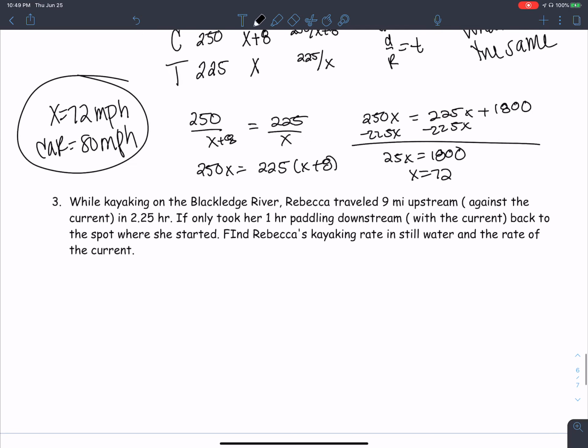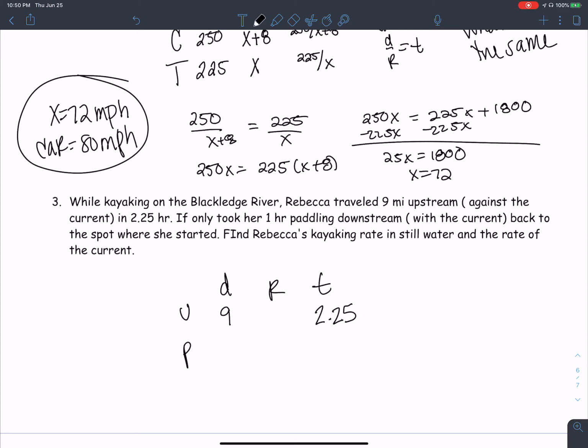While kayaking on Blue Ridge River, this is another distance rate time, Rebecca travels 9 miles upstream against the current in 2.25 hours.